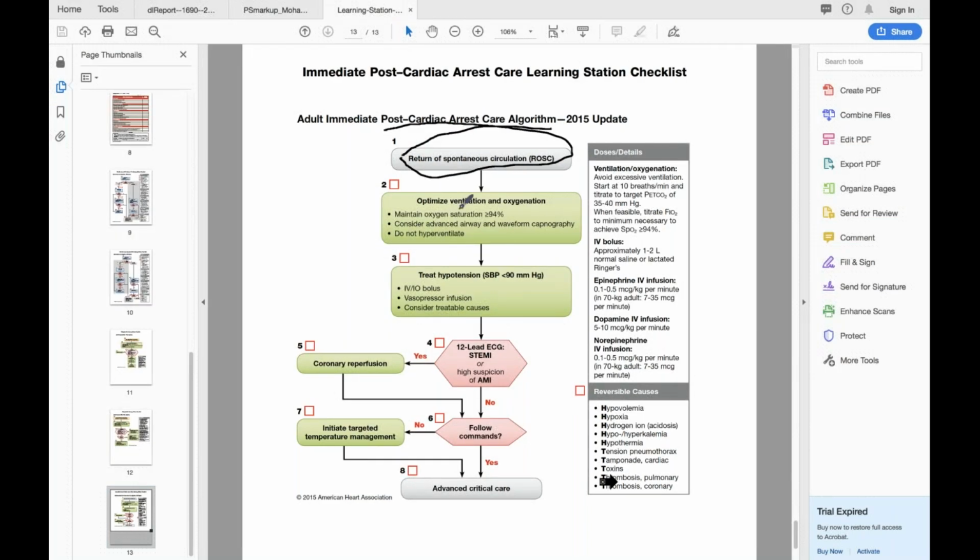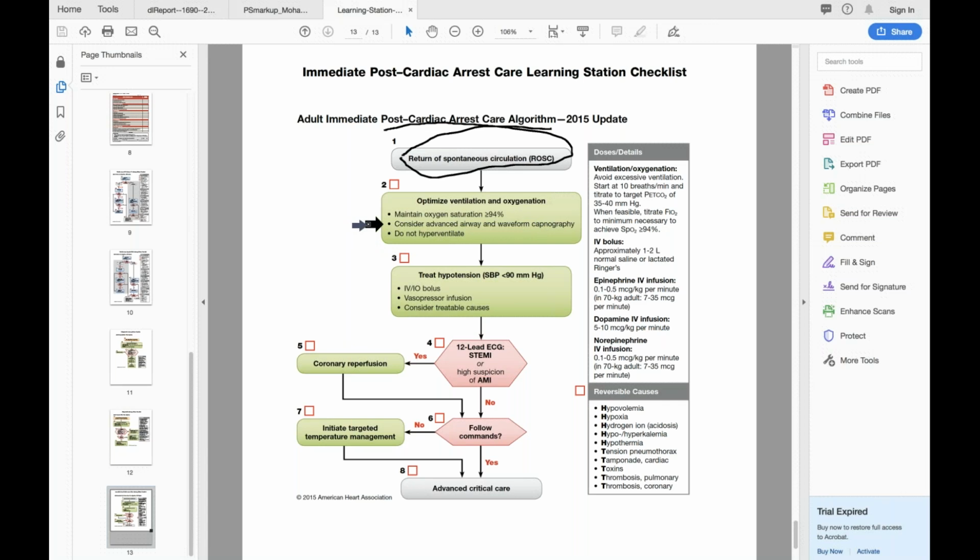Now it says here, as you can see, the first thing is, let's start from here: consider advanced airway, waveform capnography. This one is the A.